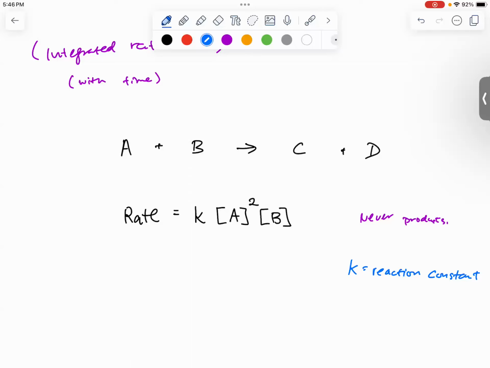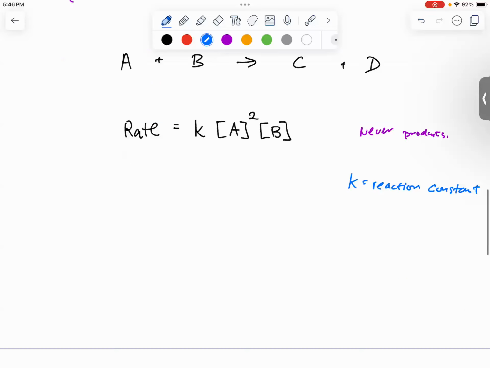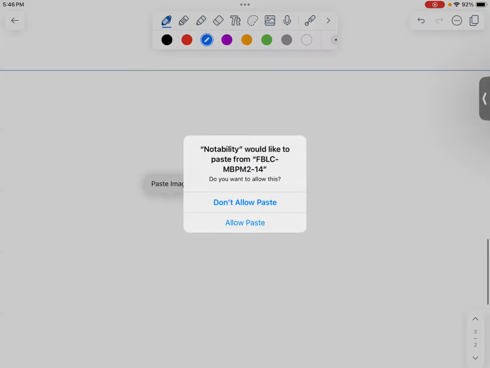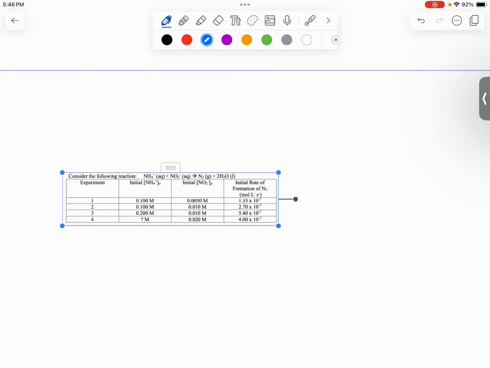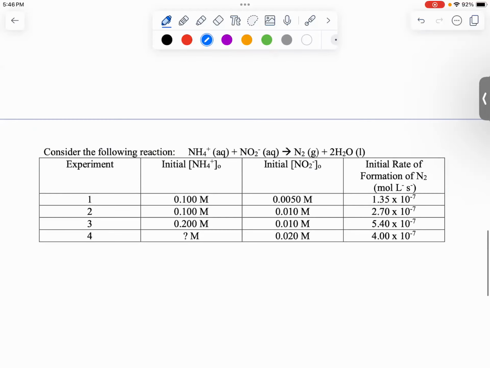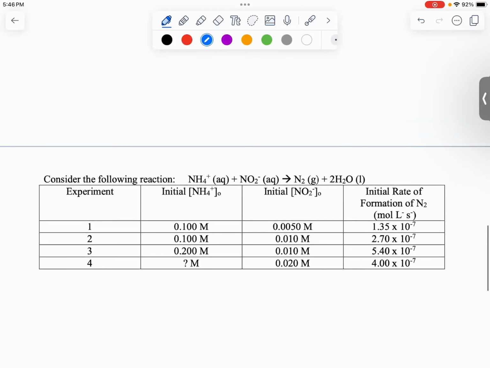So for example, let me go ahead and give you this little table right here. You will see something like this. You have 4 different experiments here, 4 different experiments of the same reaction.